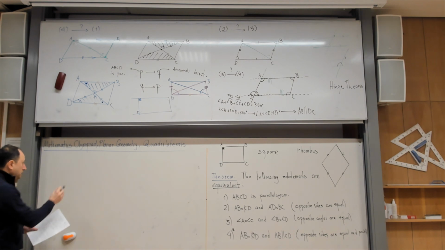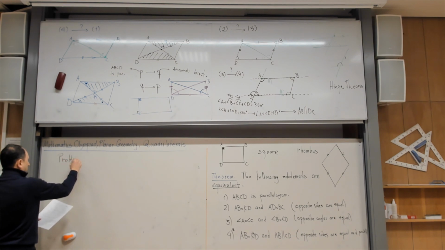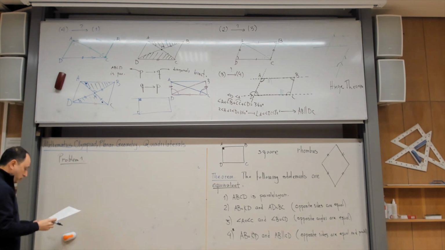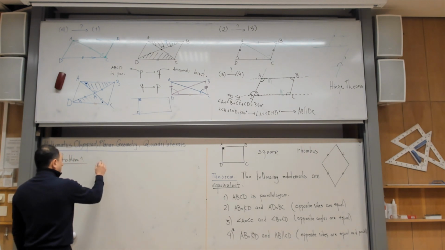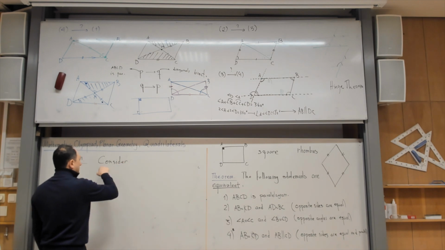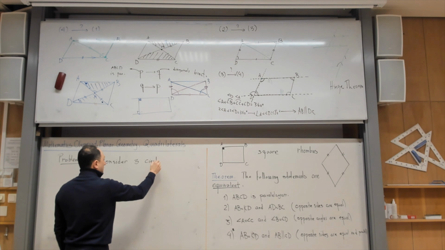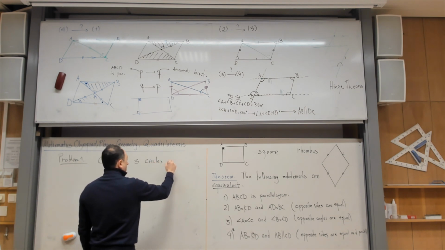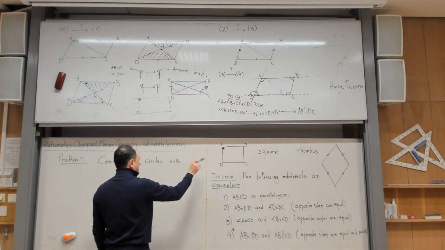So, problem 1. Consider, I don't know if I can state it properly, consider 3 circles with the same radius, I mean, the size of the radii are the same.